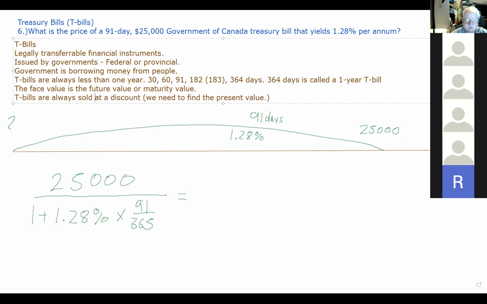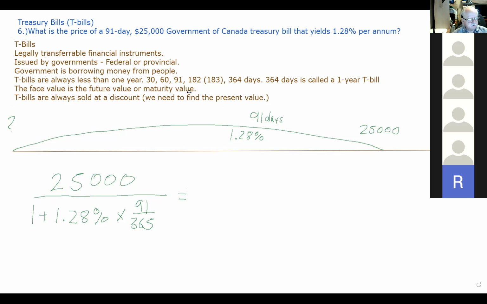Always sold at a discount. So we're getting a few answers and they all seem to agree with one another, so I'll be agreeable and go along with that. 24,920.47. So that's the basic T-bill situation.